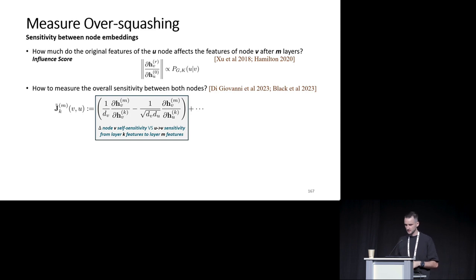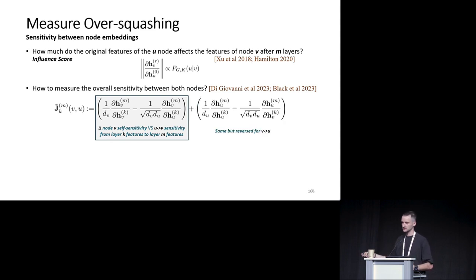The first term in the subtraction is the self-sensitivity metric: how much do I affect myself after k layers, minus the pairwise sensitivity that the other node has against me. So if I have more sensitivity with myself than with the other node, this would be higher. And we just do the same, but symmetric.